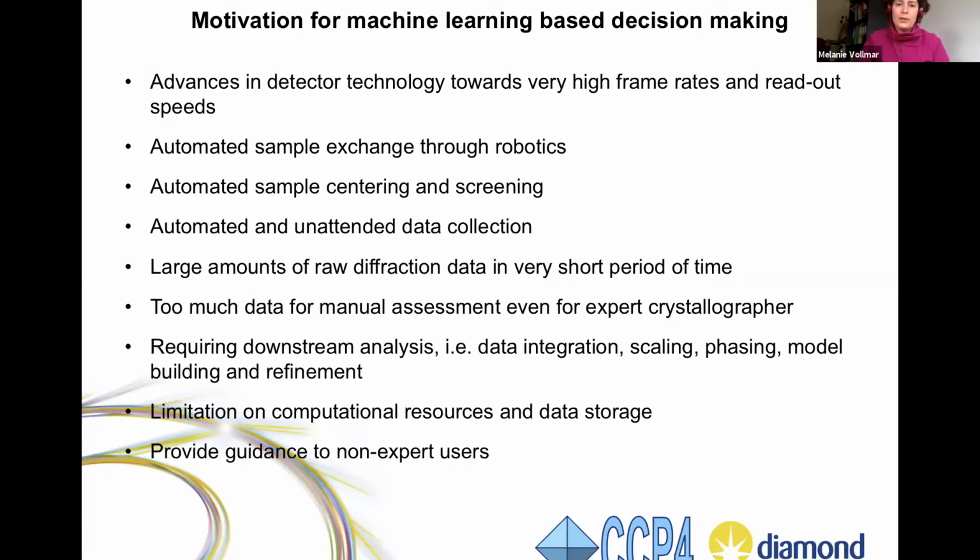Lots of our users coming nowadays are non-experts. So they use the facility and they produce a structure as an add-on to their publication, but they are no longer trained crystallographers. And so in general, the ambition is to have, besides high throughput data acquisition, high throughput data analysis.